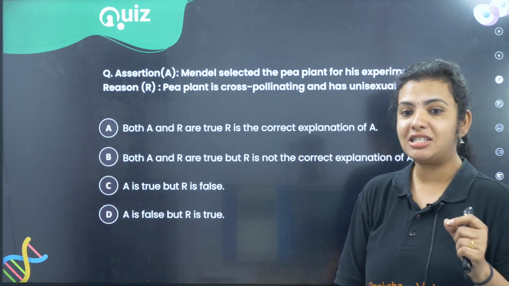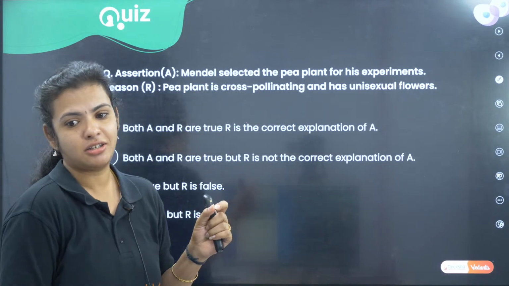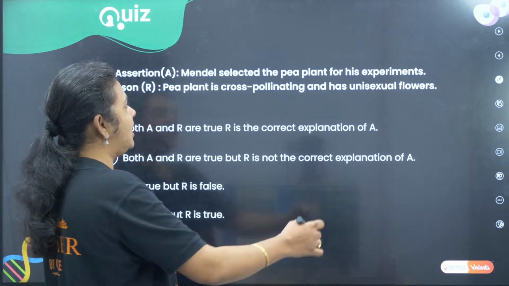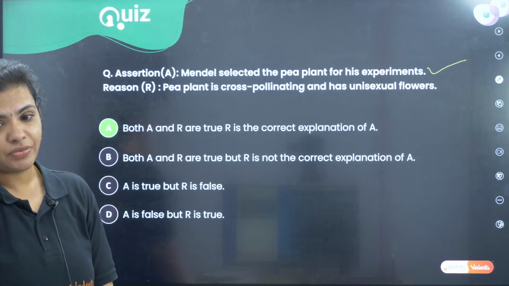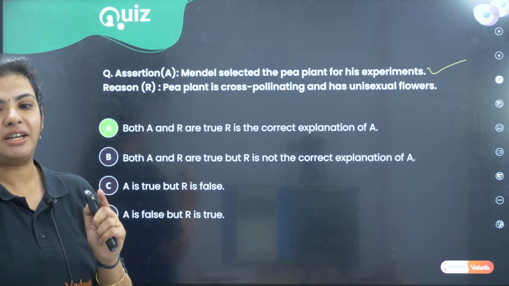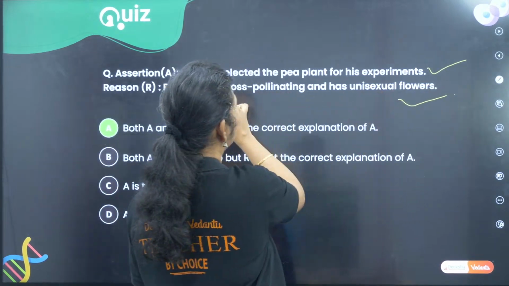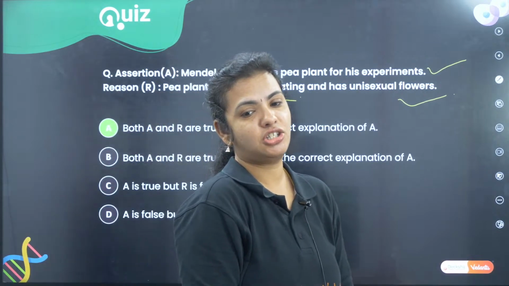We just answered this question, correct, Purvika? Correct? Okay. So, the assertion is Mendel selected the pea plant, which is correct. The reason why Mendel selected the pea plant is because it has cross-pollinating as well as unisexual flowers.